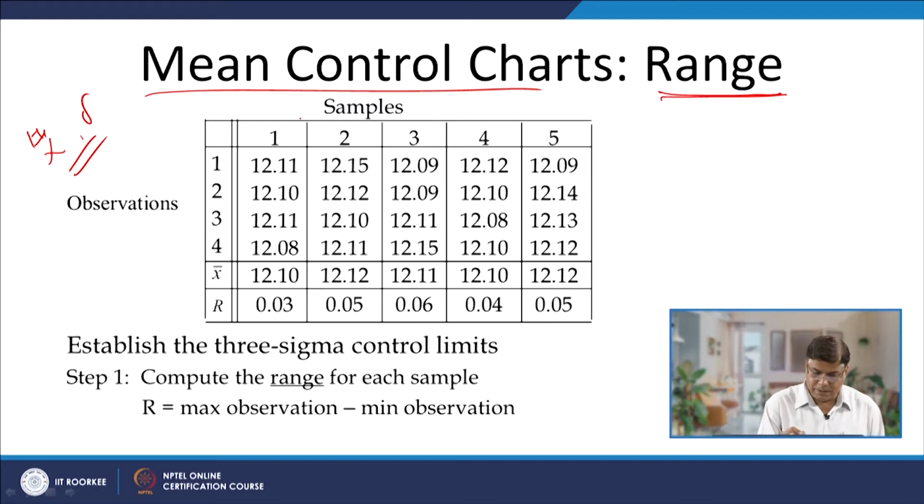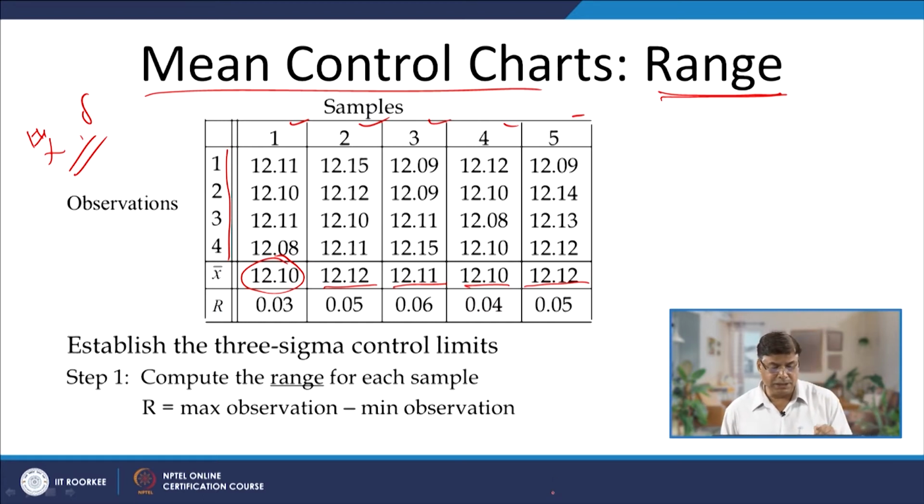So, again there are 5 samples and in each sample 4 units, and the average of the characteristic value x bar for each sample is calculated, that is 12.1, then 12.12, 12.11, 12.10 and 12.12.